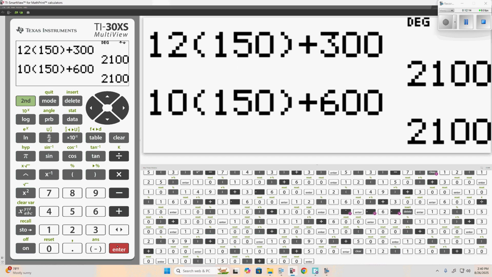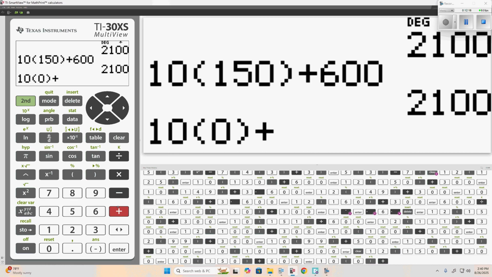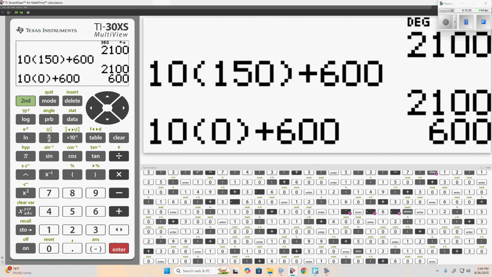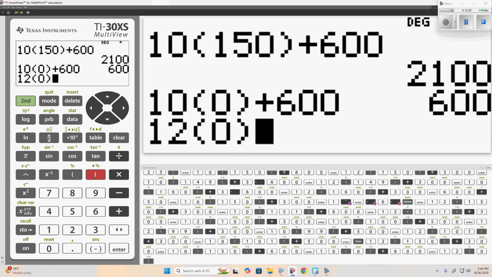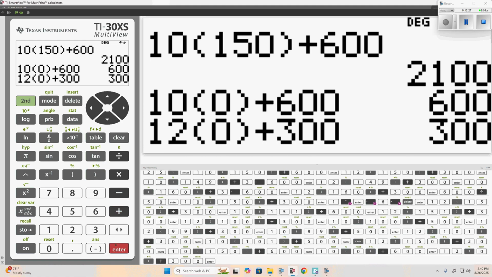So at 0 students, if we said 10 times 0 plus 600, Sunview would be $600. 12 times 0 plus 300 would be $300. So with just general starting costs, Sunview is more expensive than Lakeside. At 150, they're the same. But after 150, Lakeside is going to be more expensive.